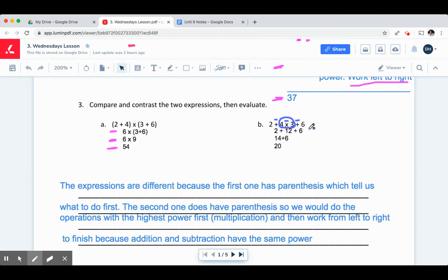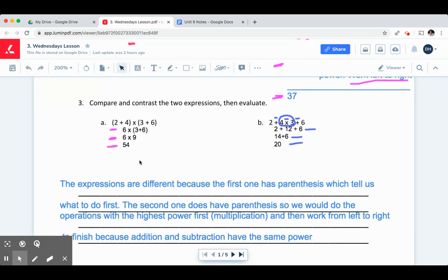I'll rewrite the expression as 2 plus 12 plus 6. Now that I only have addition left, I can solve from left to right. 2 plus 12 is 14, so my next line should be 14 plus 6. Last, I finish solving by adding 14 and 6 to get 20.